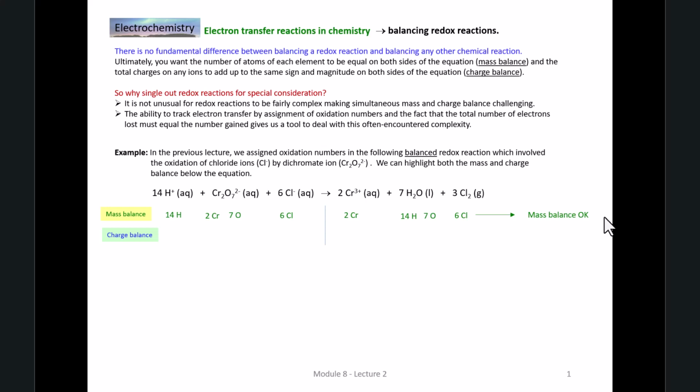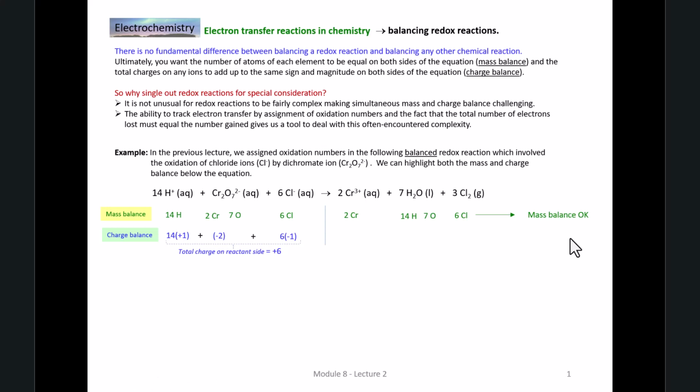Now let's look at the charge balance. We have 14 plus 1 charges on the left, plus a minus 2 charge from this single dichromate ion, and then we have 6 negative 1 charges from the chloride ions. And so on the left, the total charge on this reactant side is plus 6.